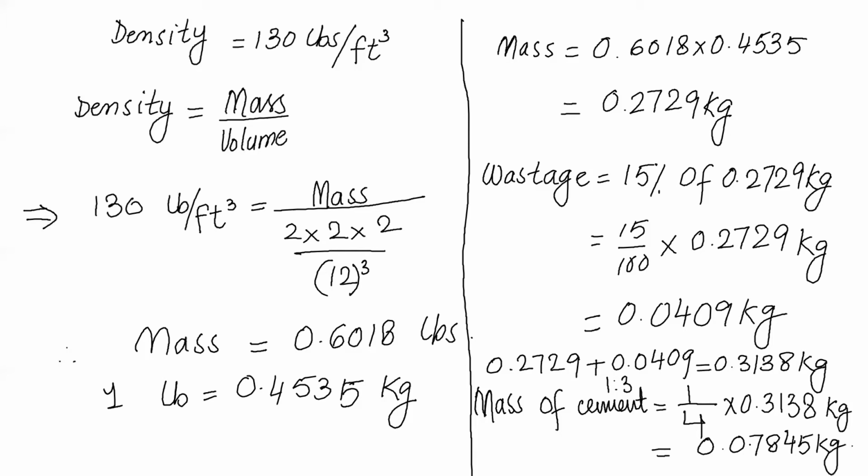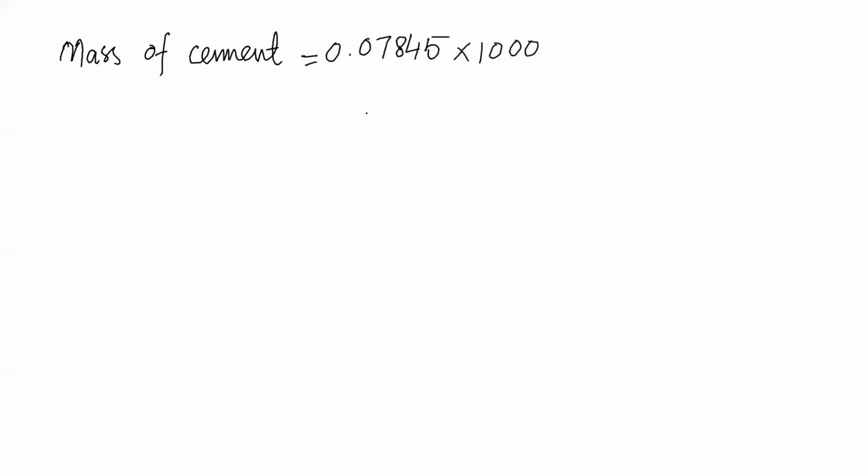When I multiply it with 1000, the mass of cement is 0.07845 multiplied by 1000, so the answer will be 78.45 grams.